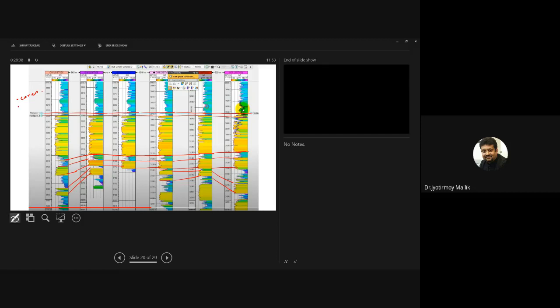We take the help of other logs, and of course we take the help of biostratigraphy, index fossils. By using them we can essentially correlate a log column.